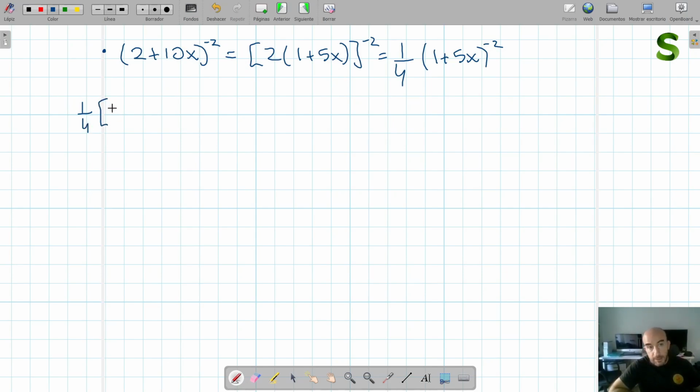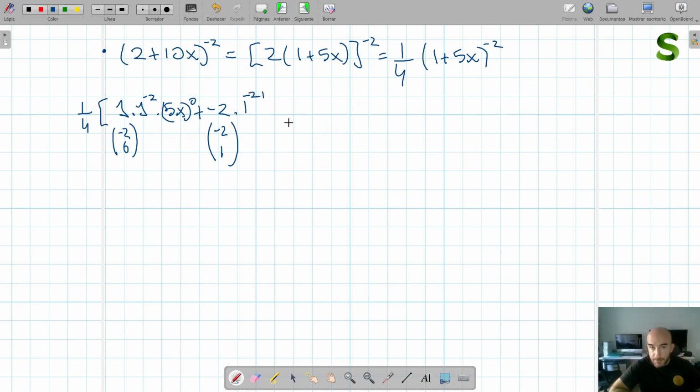and I'll start. It's, remember, minus 2 over 0, which is 1, times 1 to the power of minus 2, times 5x to the power of 0. First one done. Plus minus 2 over 1, which is minus 2, as I said, times 1 to the power of minus 2 minus 1.